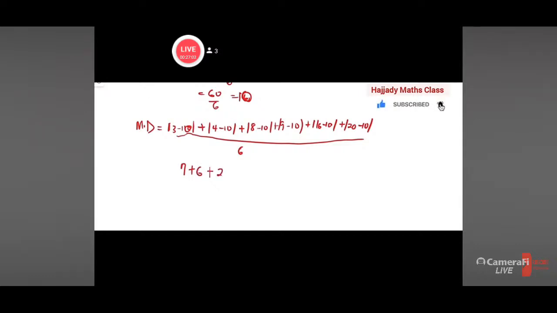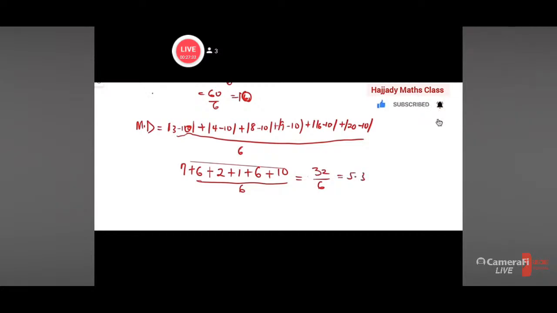Don't forget, you are taking only the positive value because of the presence of the absolute value, plus 1, plus 6, plus 10, all over 6. This is going to give us 7 plus 6 is 13, 15, 16, 22, 32. So here we are going to have 32 over 6, and that should give us 5.3 something.